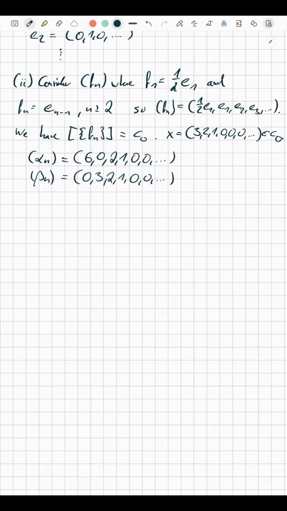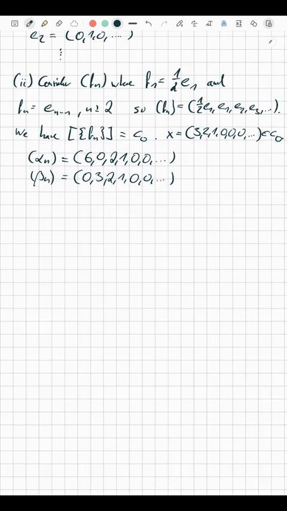A nice fact to note here is that it was shown by Per Enflo in 1973 that the opposite is not true. There does exist a separable Banach space which does not have a Schauder basis. However, that will not be the topic of this lecture. I just wanted to quickly note it here.